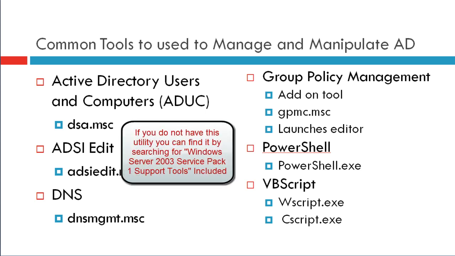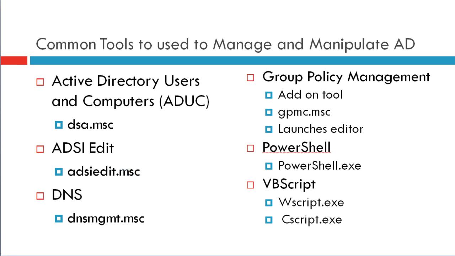We also have ADSI Edit, which is from the run command adsiedit.msc. Essentially, what this tool is for is almost the same thing as Active Directory Users and Computers, but it gives you more information with the different attributes and properties that exist inside of objects.